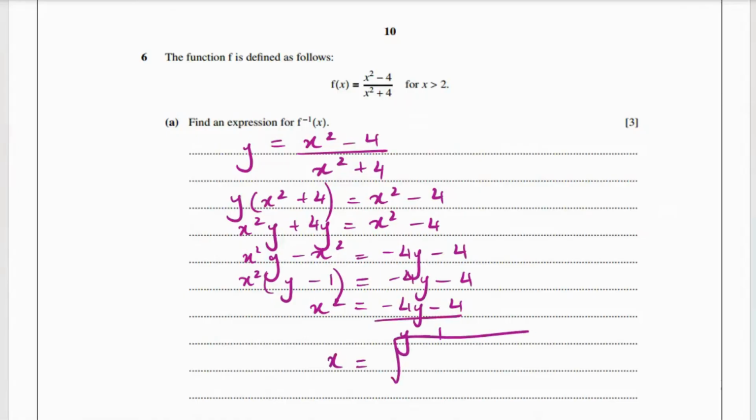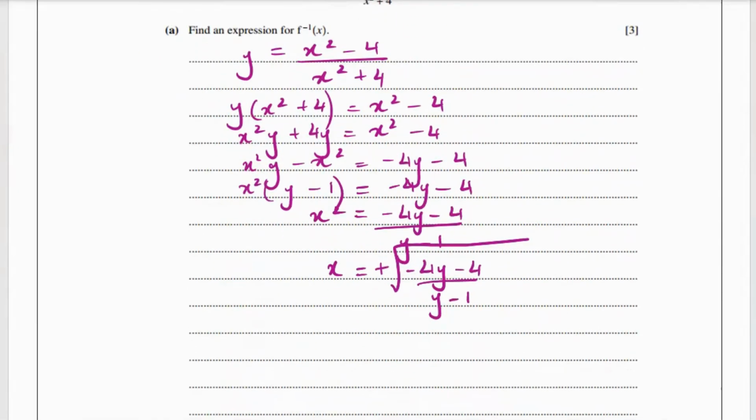X equals the square root of negative 4y minus 4 over y minus 1. Since x has to be greater than 2, which means we'll take the positive square root, not the negative one. So f inverse of x is going to be the positive square root of negative 4x minus 4 over x minus 1.